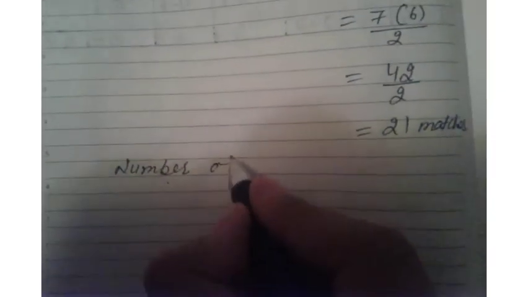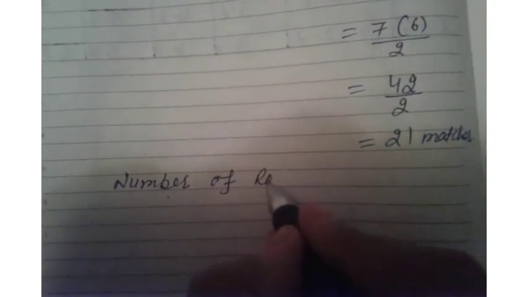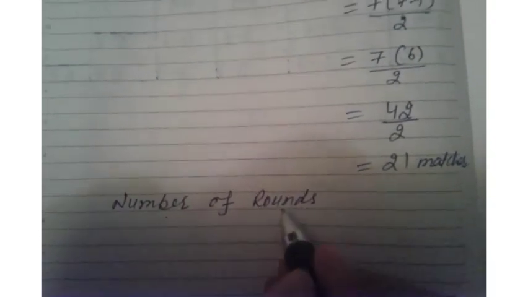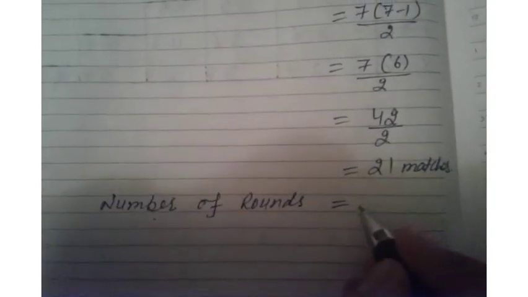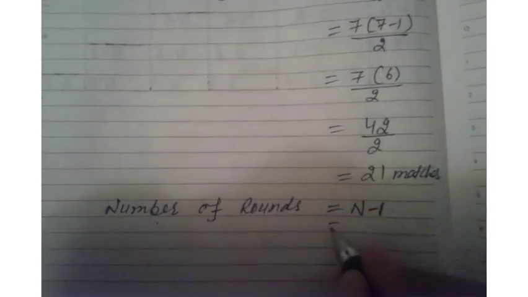For the number of rounds, we will use n minus 1. Okay, the number of rounds in a league fixture is calculated by the formula n minus 1, right?